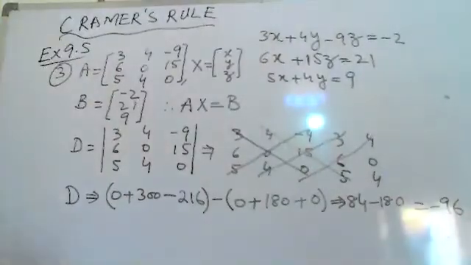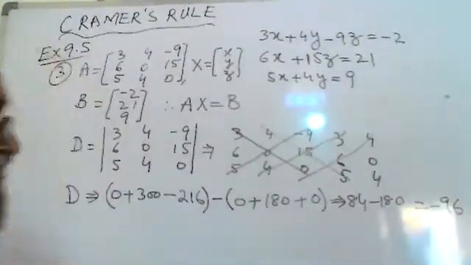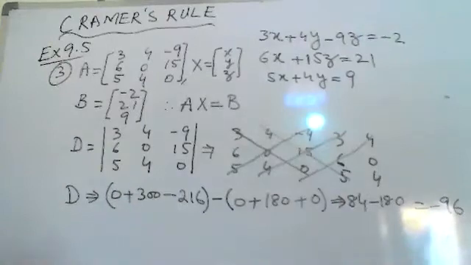The answer is minus 96. 84 minus 180 will be equal to minus 96.